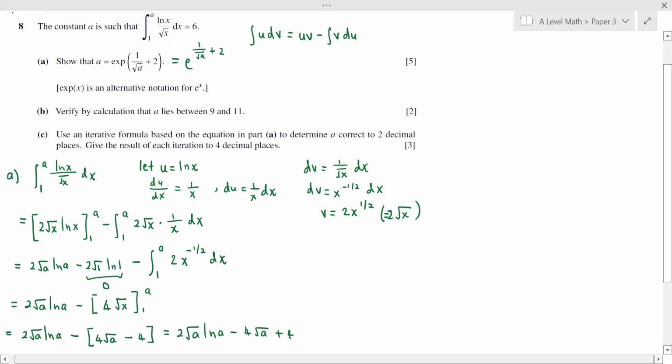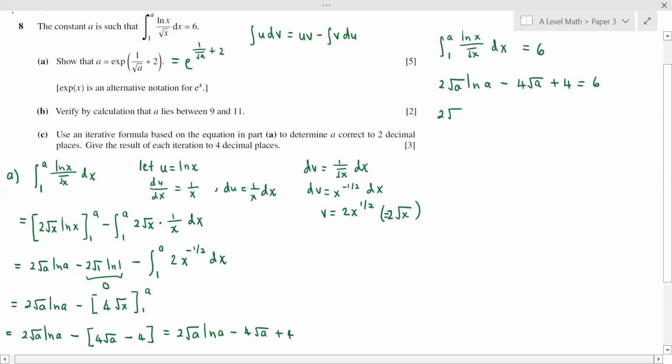And since we know that the definite integral of ln x over square root of x is 6, then 2 square root of a ln a minus 4 square root of a plus 4 is 6.